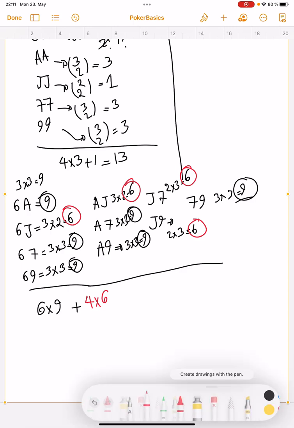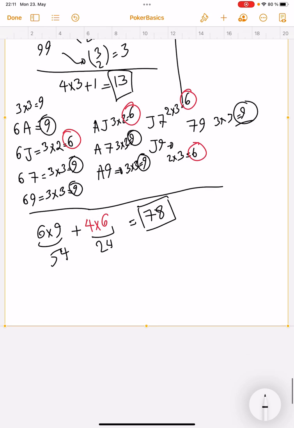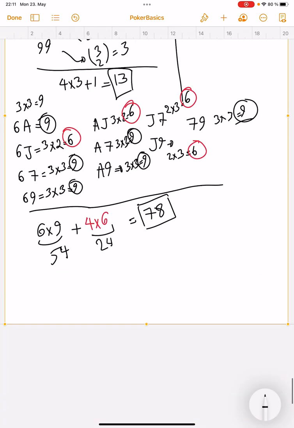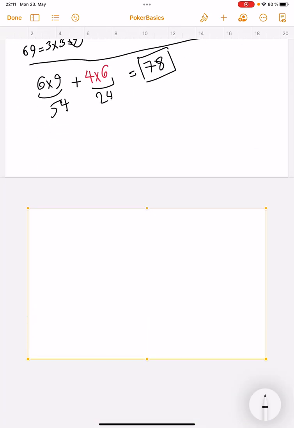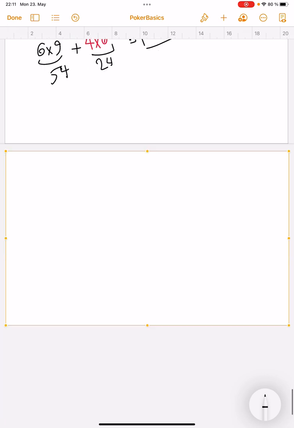So let me change back again to black. So this will be 24 and this will be 54, and the summation will be 78. So this is another 78 combinations that we are basically losing. Okay, so far we've covered. Let's go here.